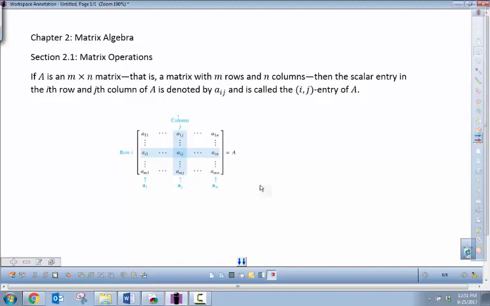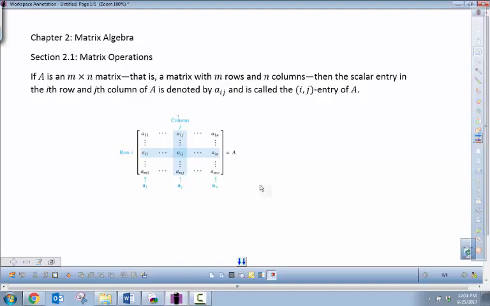So an m by n matrix has m rows and n columns. We've already talked about that. And they contain entries that are scalars. And by scalar, for our class, we just mean real number. In other classes, they can extend to complex numbers. But for us, we'll just deal with real numbers.